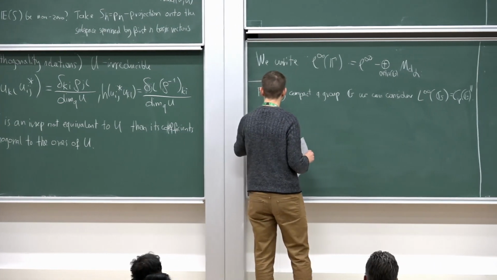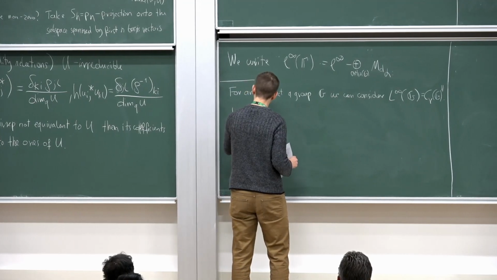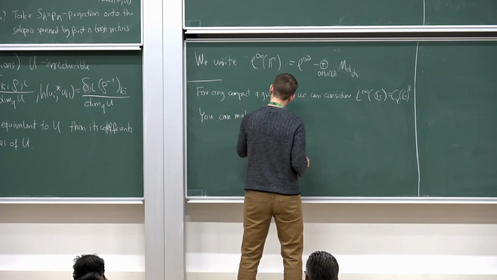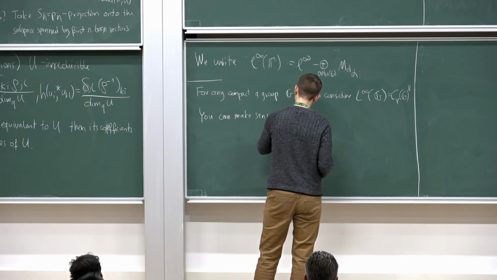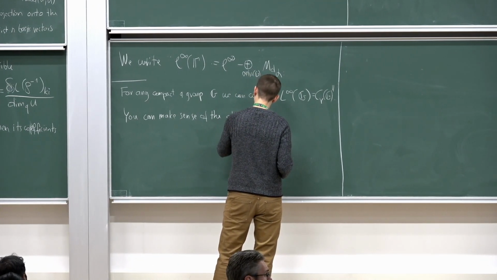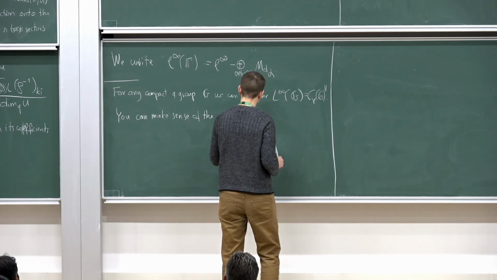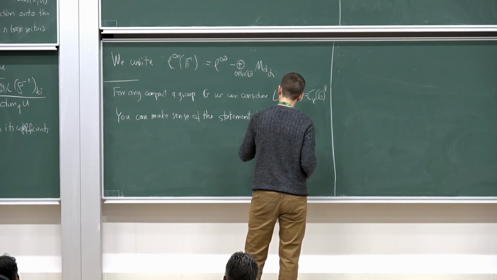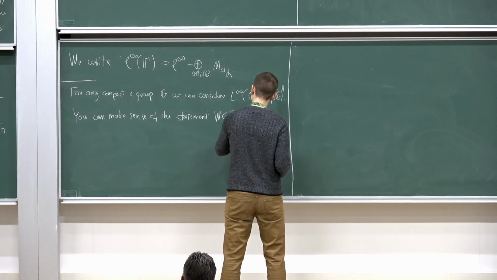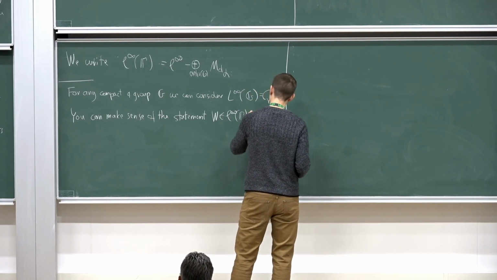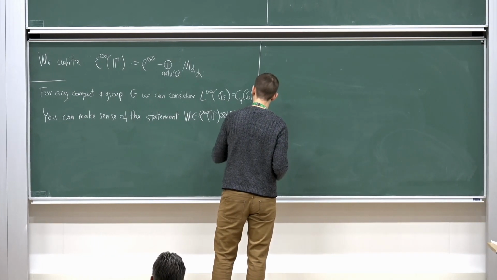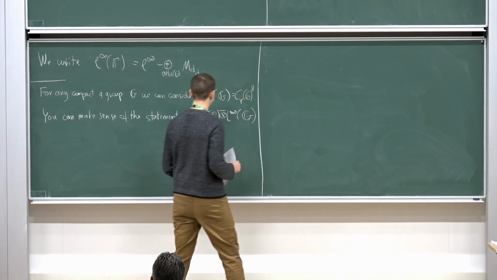And you can make sense of the statement that W belongs to L infinity of gamma tensor L infinity of G, the von Neumann tensor product.